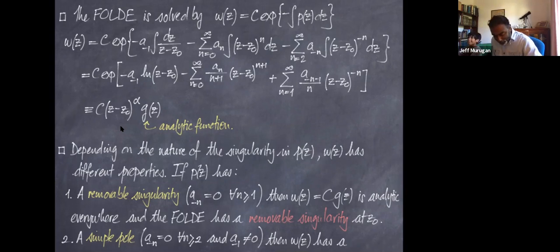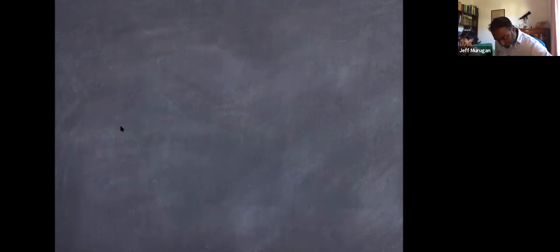Branch point. There we go. So if P has a simple pole, then W has a branch point at Z0.